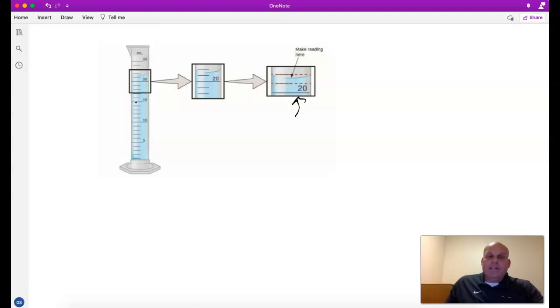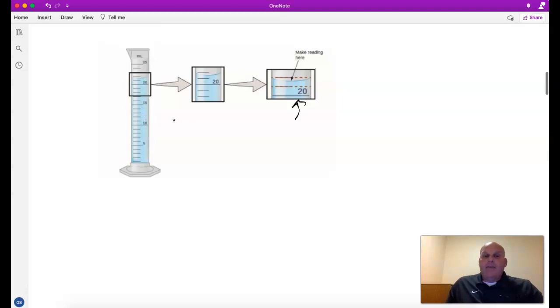I'm going to start here and try to determine what the lines on the measuring device are telling me. As I look at this, I can see that this line is 10, this line is 15, and so each of these lines in between represent the ones place. 11, 12, 13, 14, 15. So that is what I know precisely for this instrument. I know to the ones place.